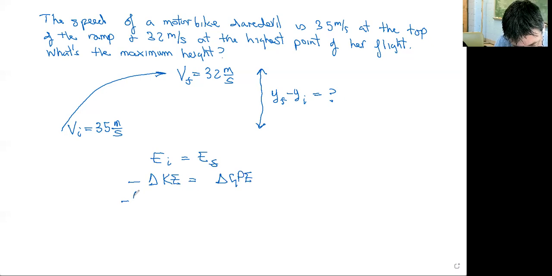So the change in kinetic energy is the final kinetic energy, 1/2 m vf squared, minus the initial kinetic energy, 1/2 m vi squared.